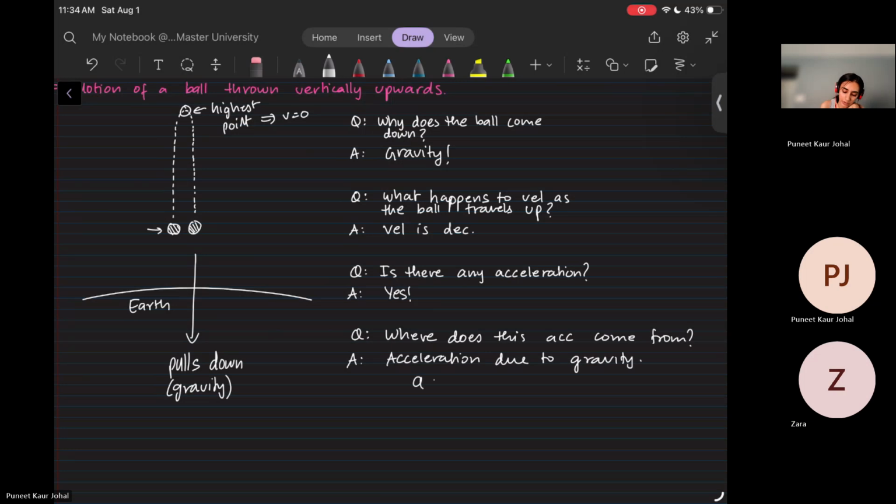That acceleration due to gravity, we just call it g, small g, and the value is always the same, 9.81 meters per second squared, as long as you're on Earth. If you go to the moon, if you go to Mars, then the acceleration due to gravity changes because the size of those planets and moon is different. So the g would be different. But as long as you're on Earth, you will always use g as 9.81 meters per second squared.